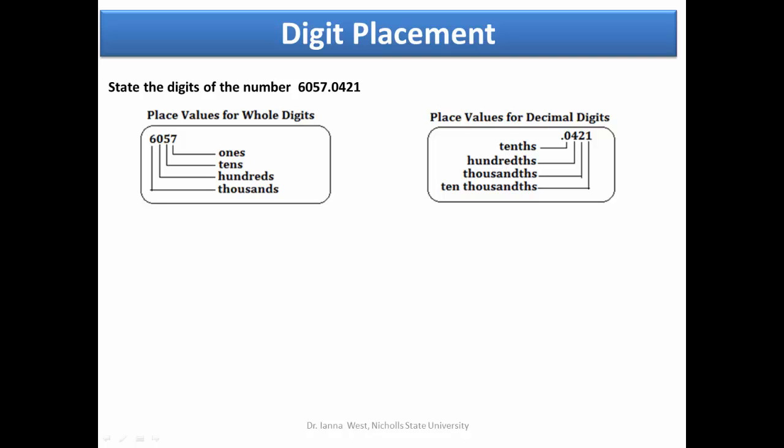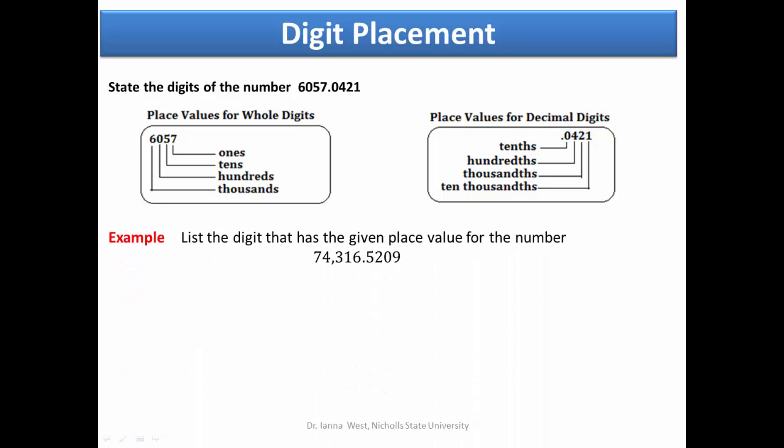We will now look at an example of digit placement. 74,316 and 5,209 10,000ths. The first place value that we will consider is the ones place. The ones place is part of the whole number to the left of the decimal point, and the number that is in the ones place is 6.